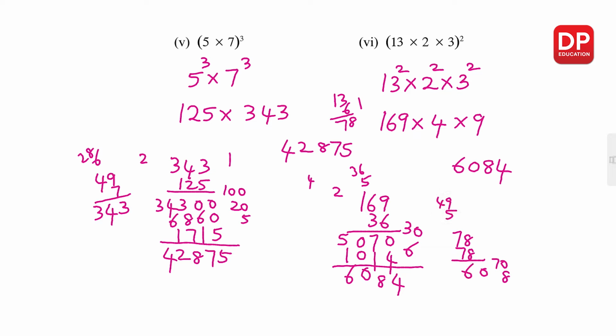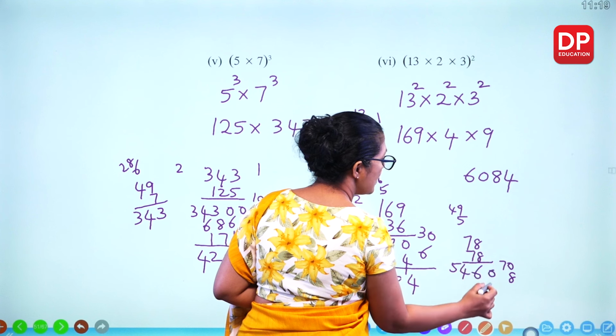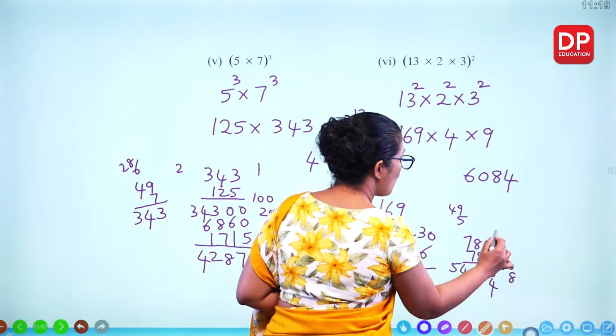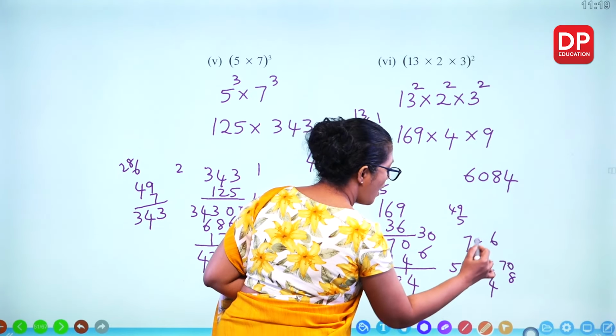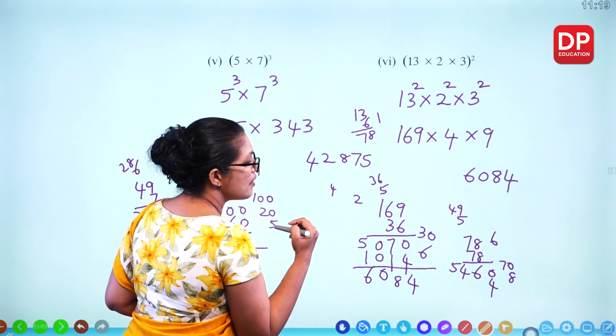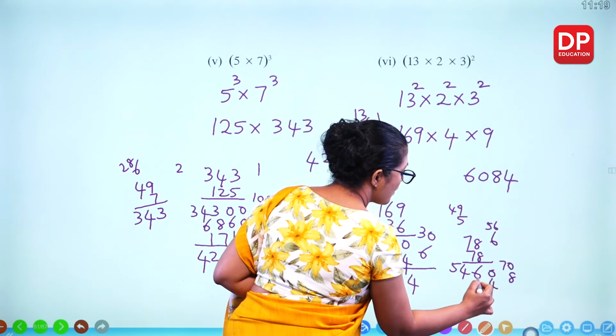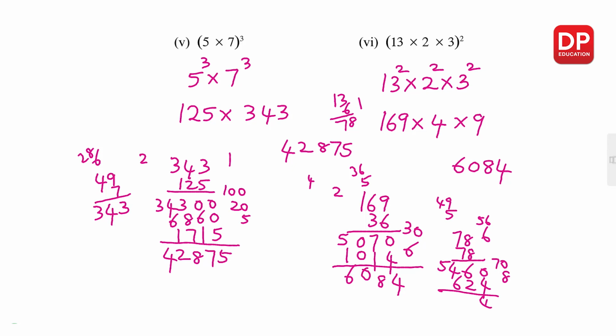Plus 5, 51. And here again 8. 8 times 8, 64. And 8 times 7, 56 plus 6, you get 62. So when you add it, 6084.